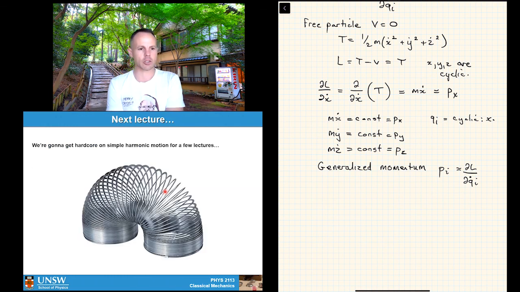So in the next lecture we're going to get a bit hardcore on simple harmonic motion. It's going to be a little bit of a revision of first year, but with a bit more of a mathematical spin on it. And we're going to use that to set ourselves up for doing damped oscillators and forced oscillators. So I kind of need it as a tool for later lectures. And some of these problems we'll actually do with the Lagrangian approach just to reinforce the point, okay?